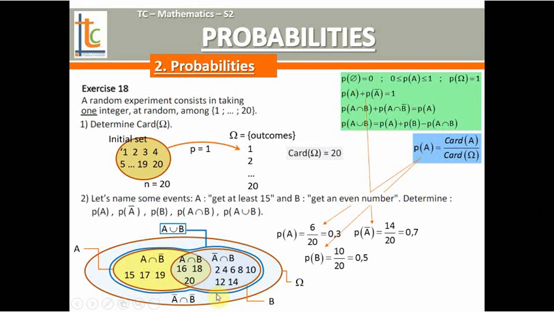So you just have to count the elements of A into B. There are 3 elements, and the probability is 3/20, 0.15.